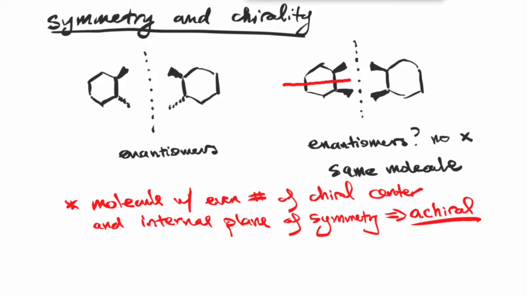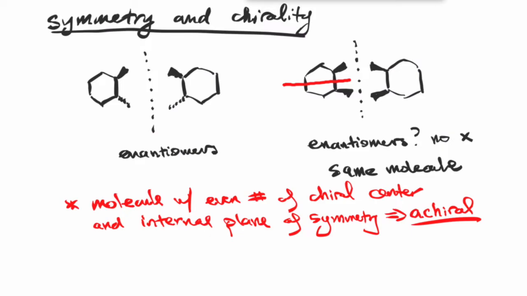Okay, and so what is this internal plane of symmetry? Simply put, if you were to draw a line through this molecule, then what you have on one side of the line is a perfect reflection of what you have on the other side of the line. Whenever you can draw that line is called an internal plane of symmetry.